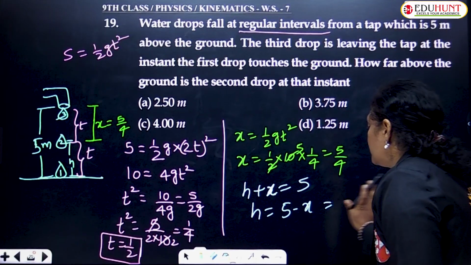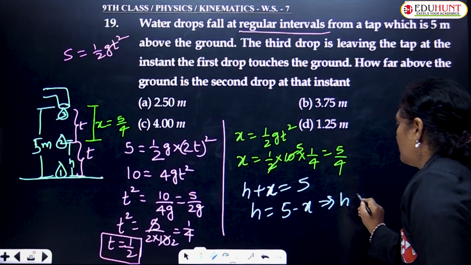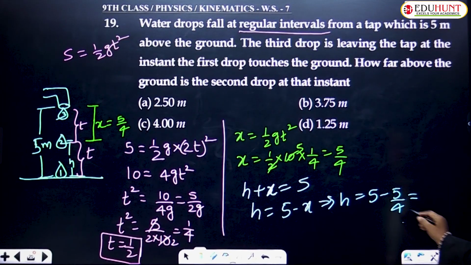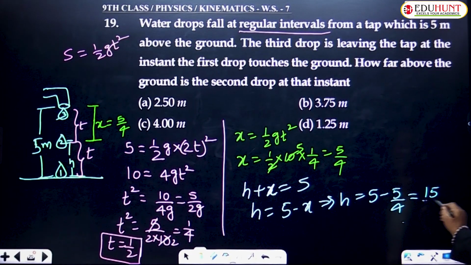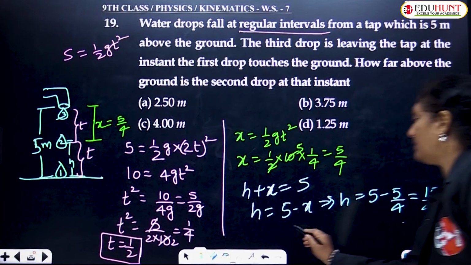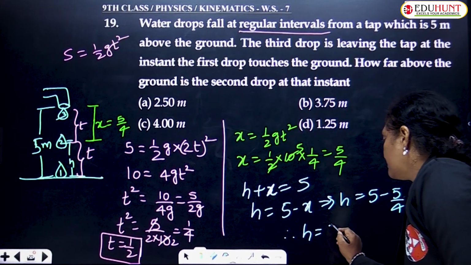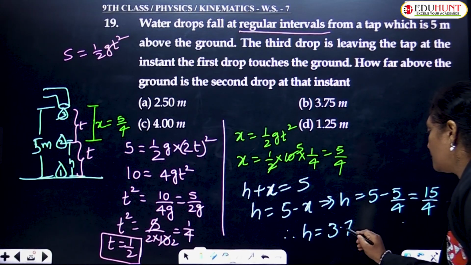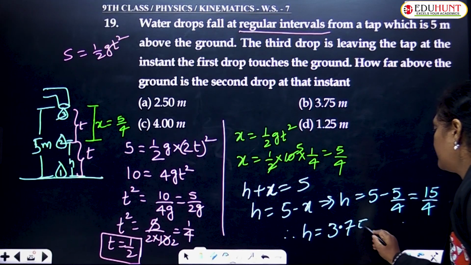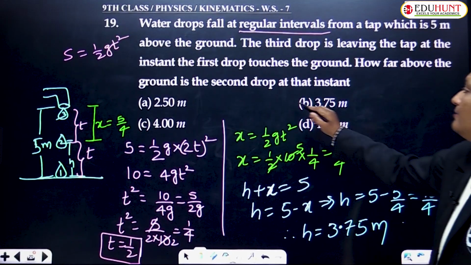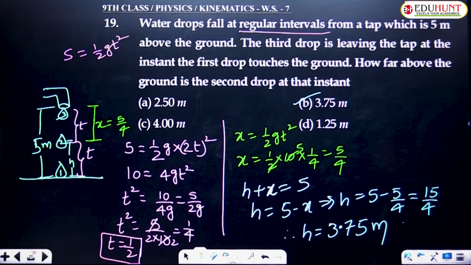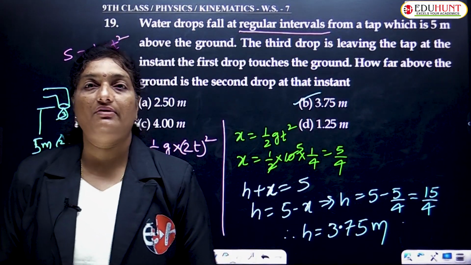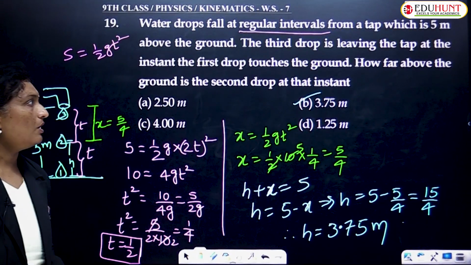This implies h = 5 minus 5 by 4. What is 5 minus 5 by 4, children? 20 minus 5 is 15 by 4. What is the value of 15 by 4? Therefore, the value of h is found to be 3.75 meters. So the second drop is at a height of 3.75 meters from the surface of the earth.